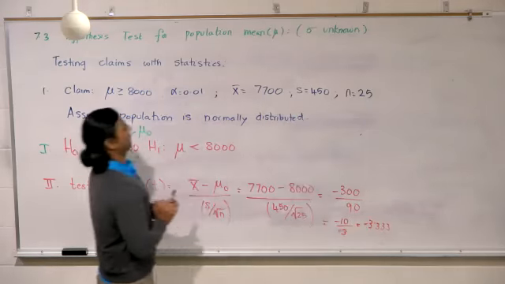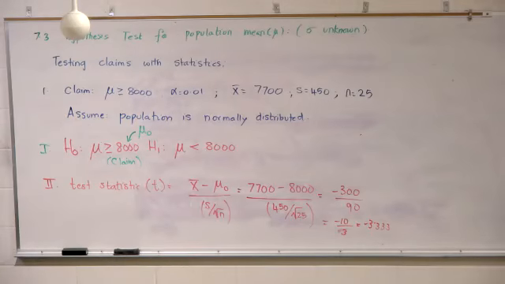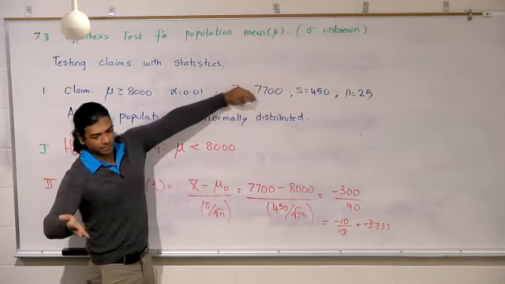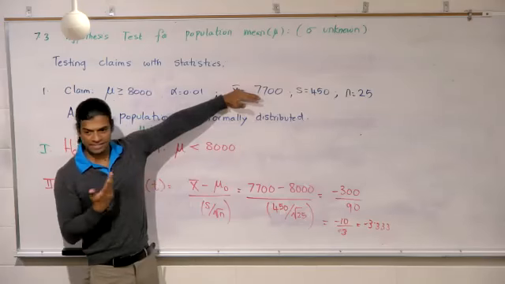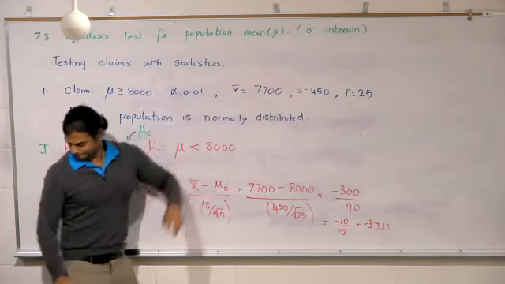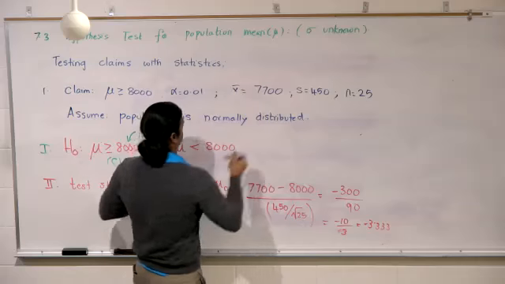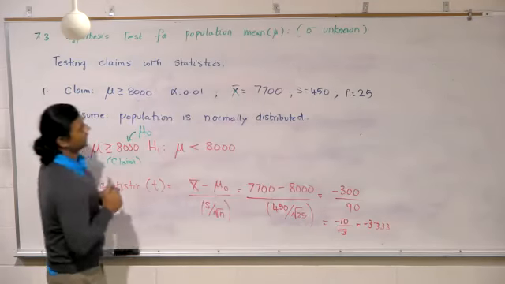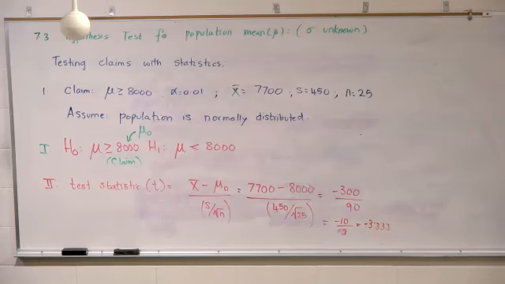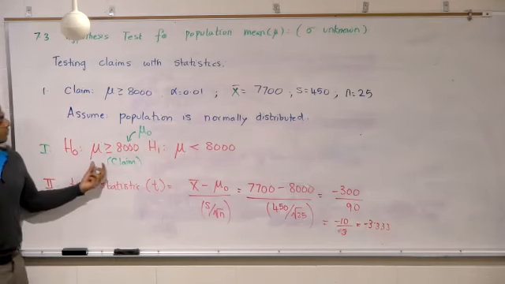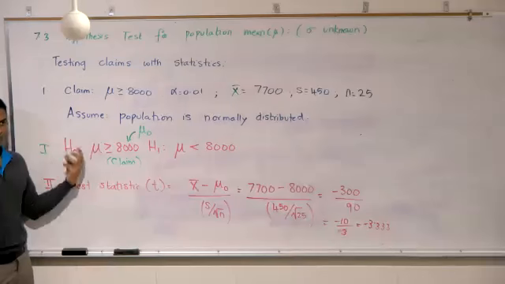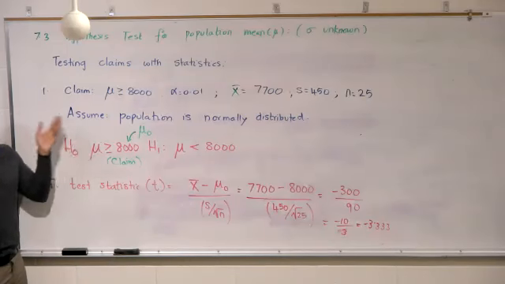So the purpose of the test here, again, is to look at the sample mean, which is 7,700, and we're going to test for mu greater than or equal to 8,000.